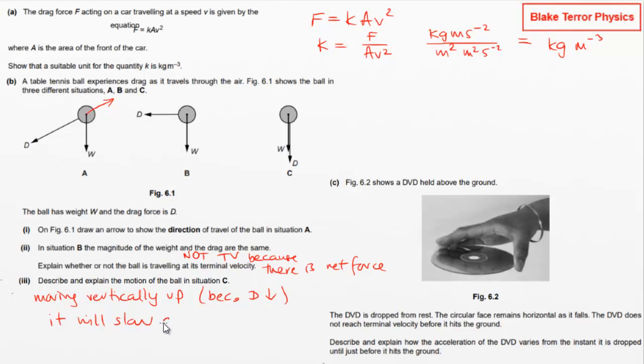There's not really much else to say there. It will slow down because of net resistive force, or net downward force is probably better because you've got the weight in there as well. I suppose they're all resistive forces, so it doesn't really matter which way you put it, but downward force is probably a little bit safer.